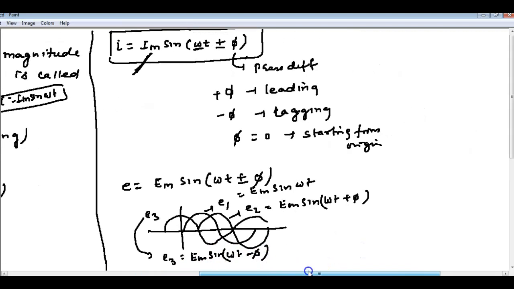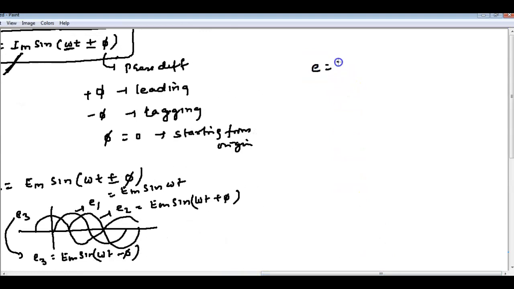So overall we can write E is equal to Em sine of omega t plus or minus phi. This is the equation of voltage. If phi is 0, it starts from the origin. If phi is positive, it is leading with phase difference phi. Any doubt till here?